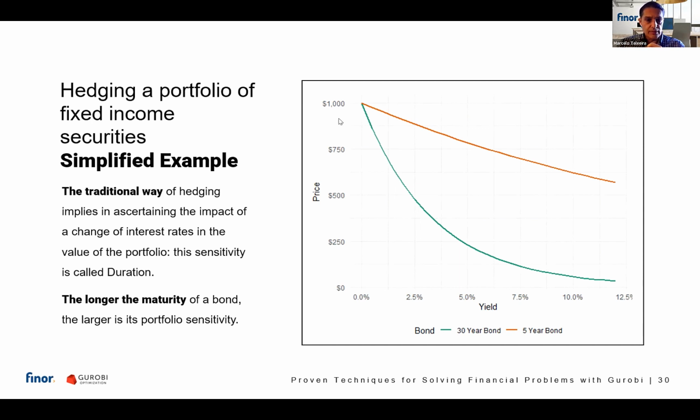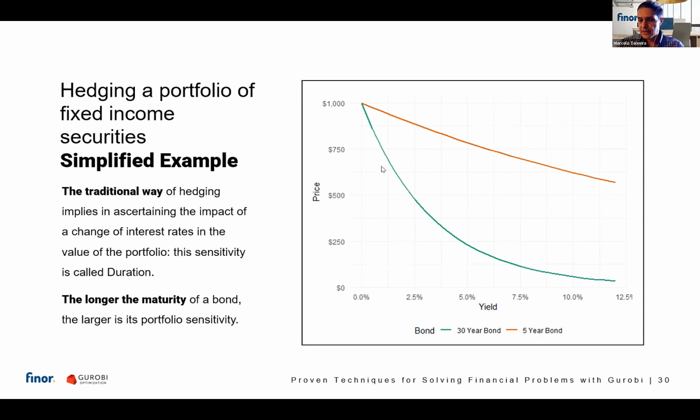So in this picture that I'm depicting, it's a simple zero coupon bond. That is a bond where you get paid the par value, in this case 1,000, when the bond matures, and you pay the present value today of the interest rate that you're trying to discount. So as you can see, the green line, the 30-year bond, is more sensitive to falling interest rates, and it also exhibits a different slope.